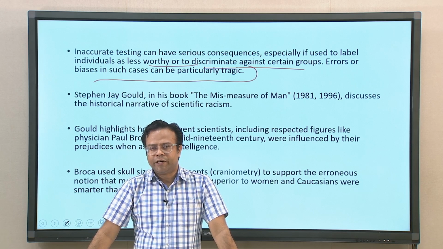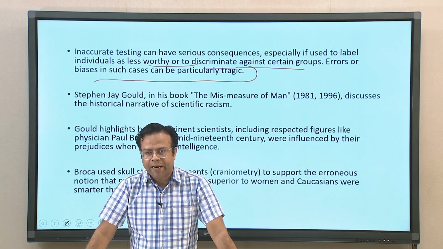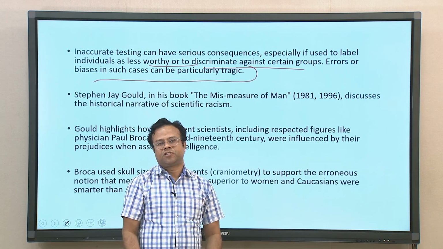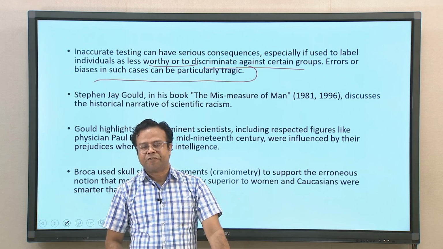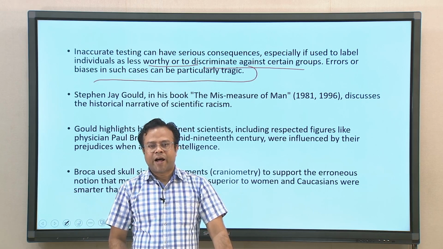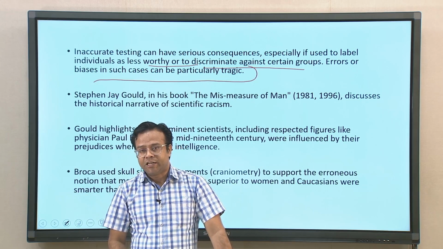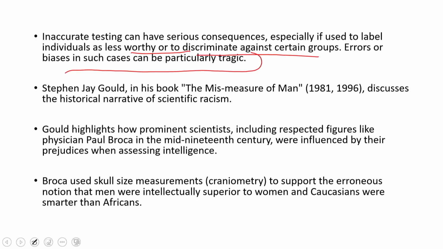Stephen Jay Gould, in his book The Mismeasure of Man, discussed this whole narrative of scientific racism. Gould highlights that even many prominent scientists and figures like Paul Broca, who was a physician and neuroscientist in the mid 19th century, were influenced by these prejudices in assessing intelligence.